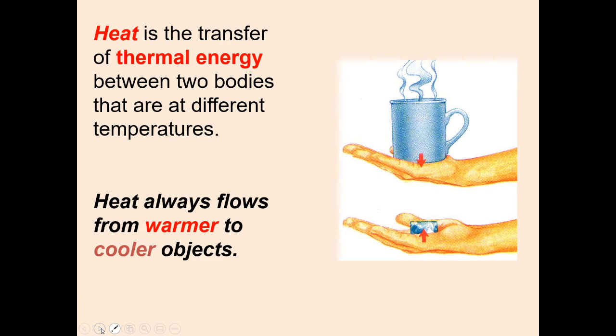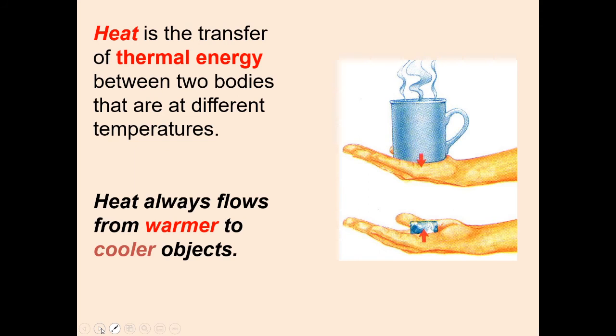So here, you've got an example in the picture, a guy holding a hot coffee mug. The coffee mug will have more thermal energy than his hand. So that person is going to feel the heat of that mug transfer into his hand because his hand has lower thermal energy, and the heat energy will transfer from the cup to the hand.